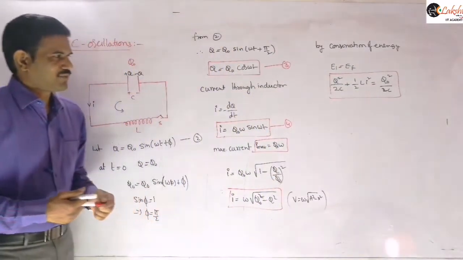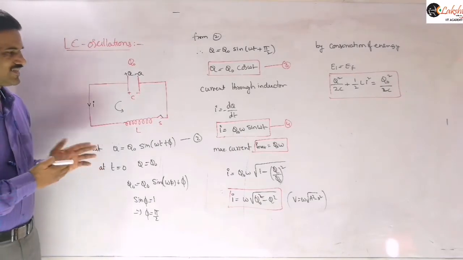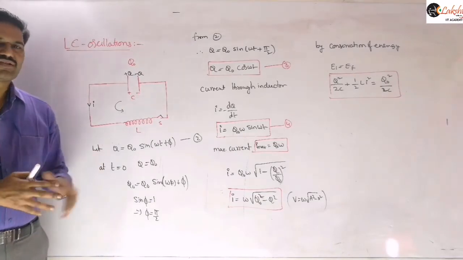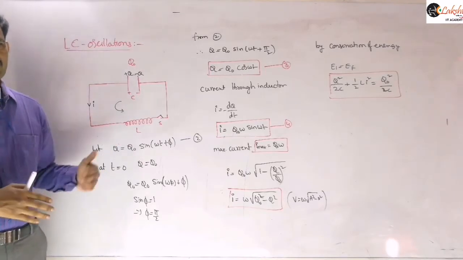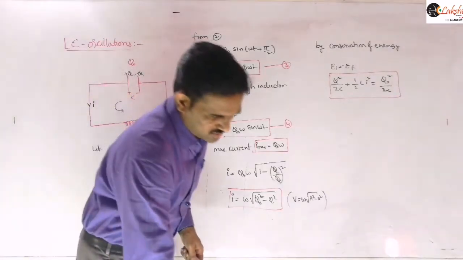And actually you can compare the oscillations of this charge, or the oscillations of this LC circuit, with our mechanical oscillations. If you compare that, then you get more clarity about it. So I will draw that comparison here.